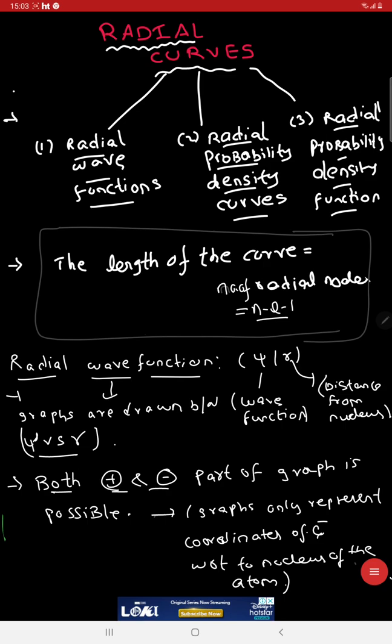So this only represents where the electron is, with the nucleus as the center, at what distance the electron is present and what its coordinates are. According to the present model we are reading, the electrons are present in the 1s, 2s, 3s orbitals, and the distance r between the electron and the nucleus is only depicted in this graph.